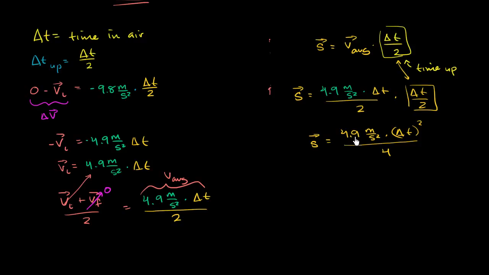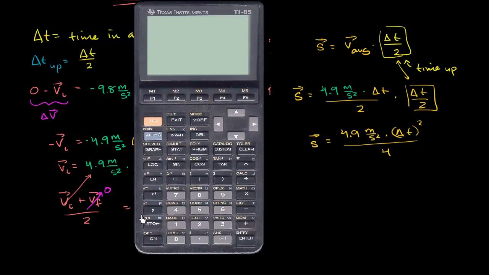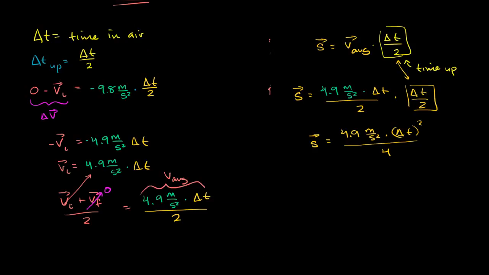4.9 divided by 4 is, what is it? It's 1.225, I think. Let me just get the calculator out. I don't want to do that in my head, get this far and make a careless mistake. 4.9 divided by 4 is 1.225.